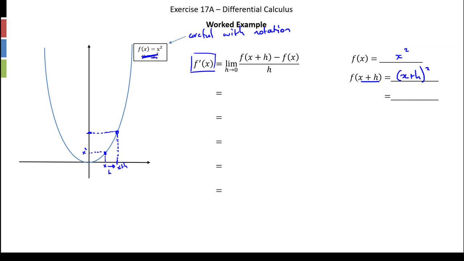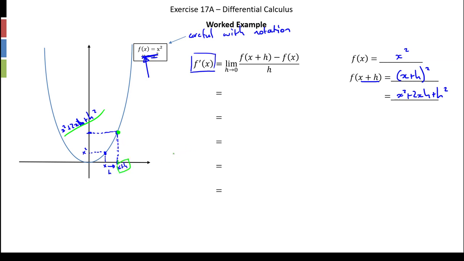Now if I expand that, that gives me x squared plus 2xh plus h squared. That is my output for my second point.